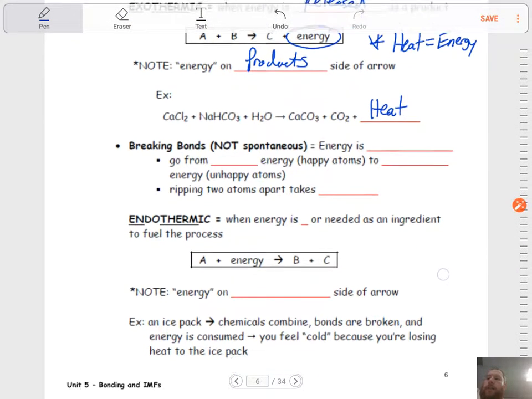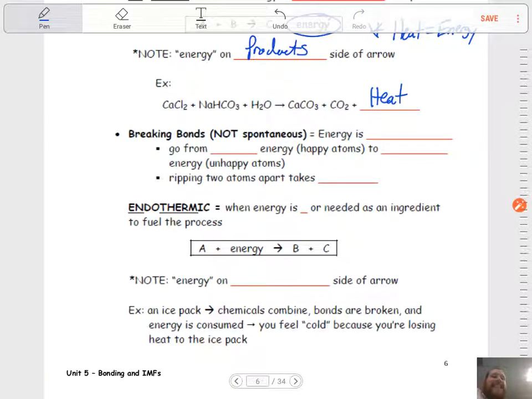Breaking bonds, though, is not spontaneous, means it takes energy to break those bonds. So energy is going to be consumed. So you go from lower energy to higher energy. So they're not happy anymore. That's why it takes energy. That's why you got to put it in. So if you rip apart two atoms, it takes a lot of energy.